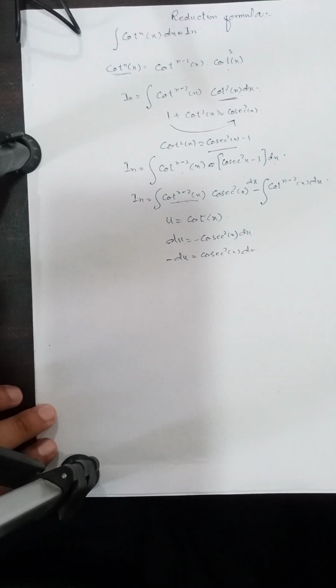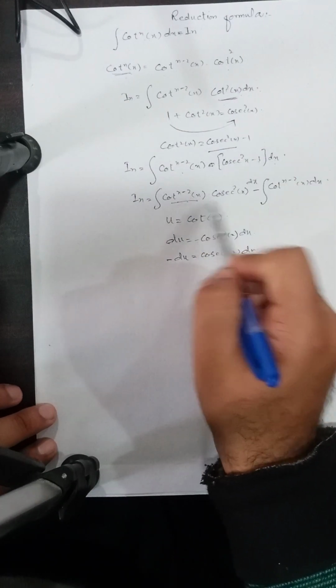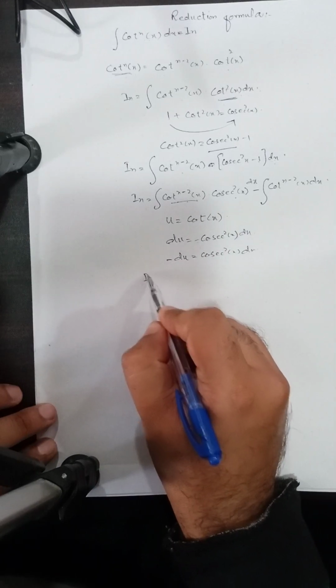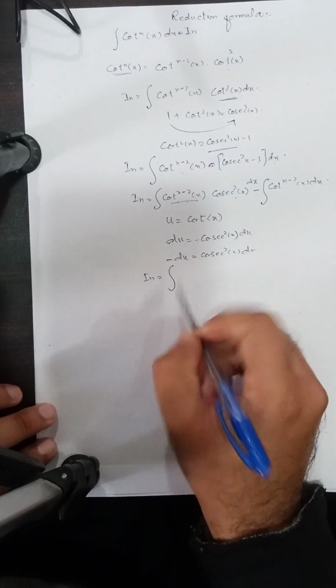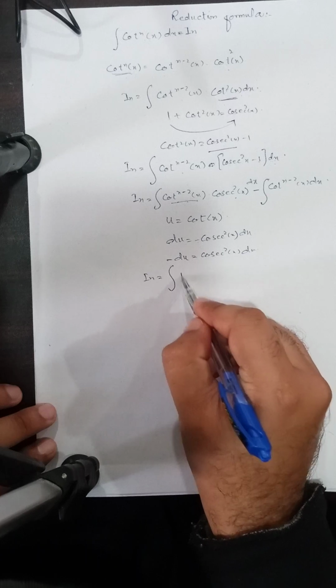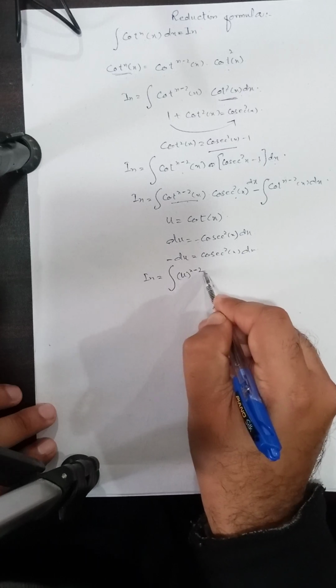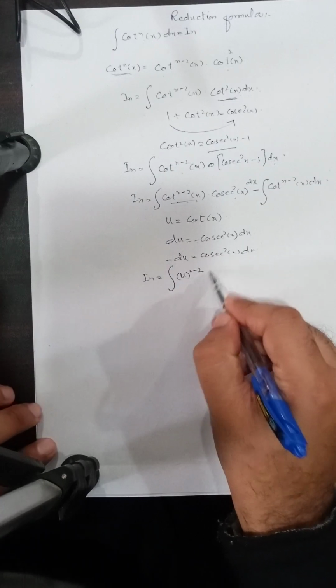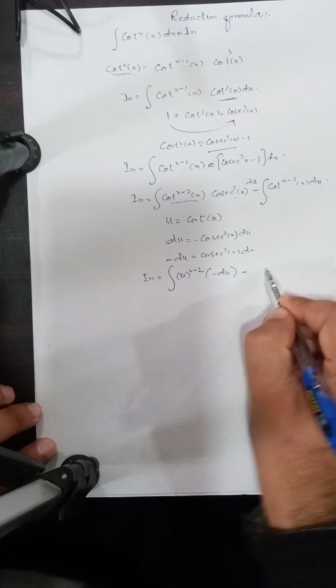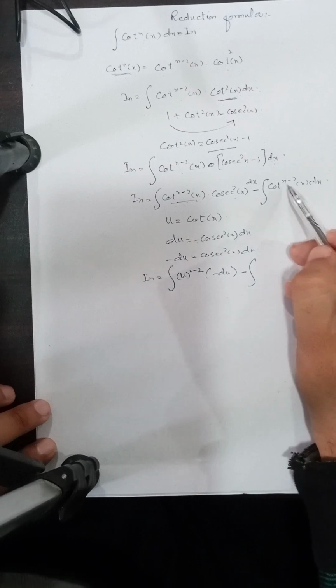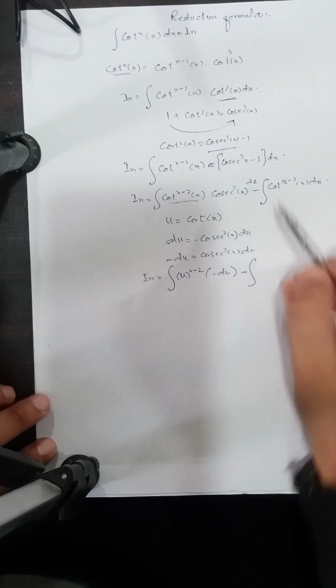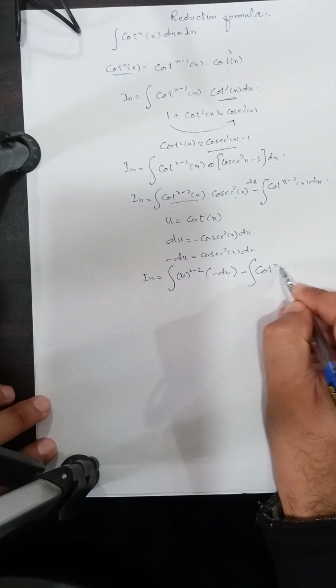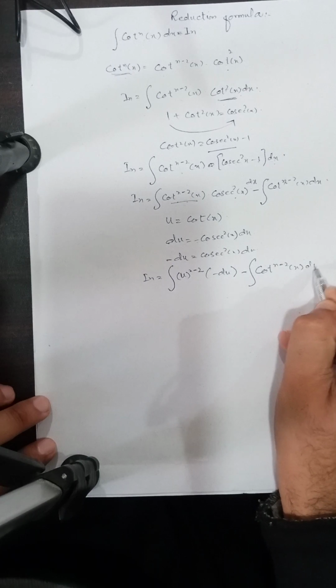Substitute these values here, so I n is equal to the integral of u power n minus 2 and cosecant square of x dx is equal to minus du, minus the integral of cotangent n minus 2 of x dx.